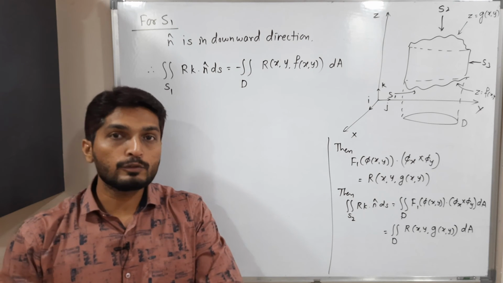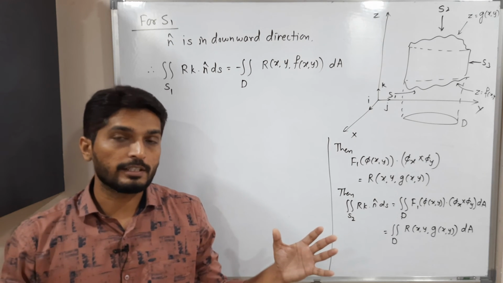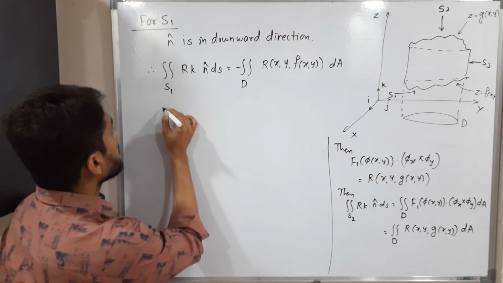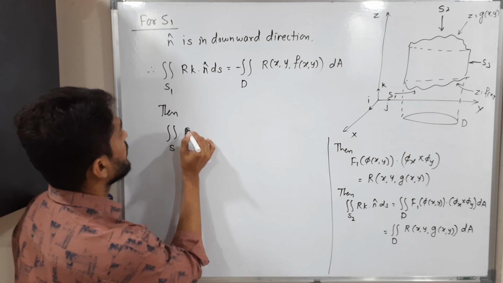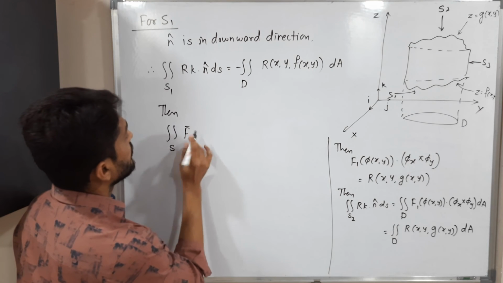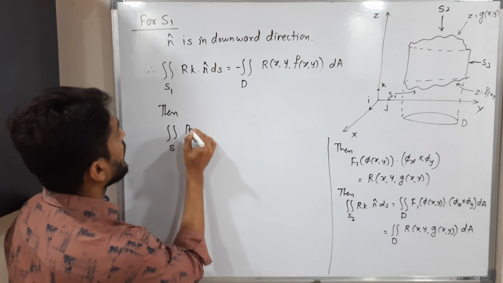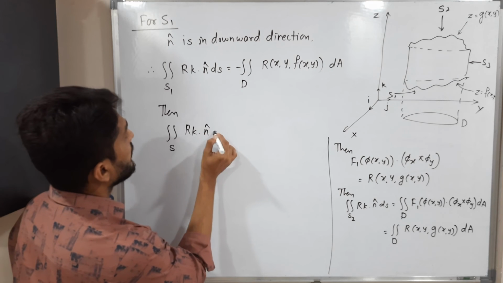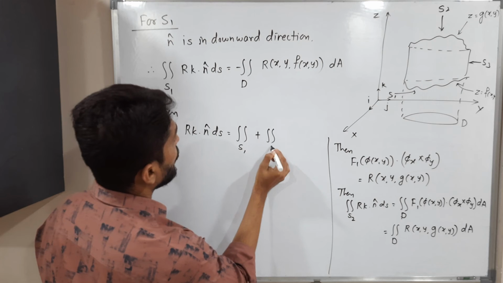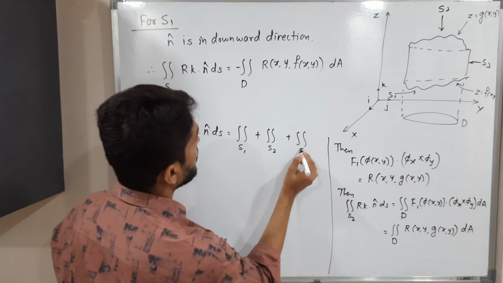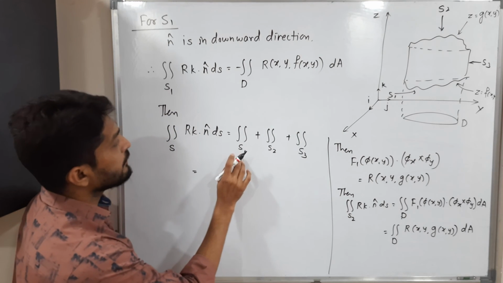So we got the values of all three double integrations of the surface integral. So let us add. Then the surface integral over S of f bar, we were finding the value of R k dot n cap dS. This is equal to the double integration over S1, S2 and S3. So what is the value of the first surface integral?